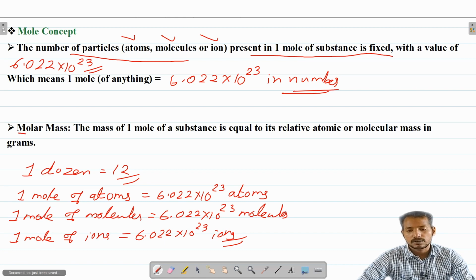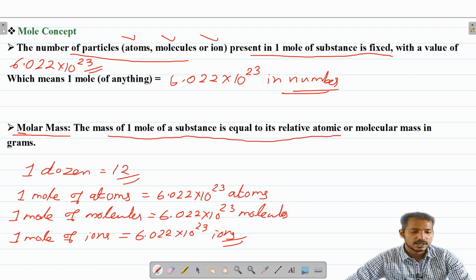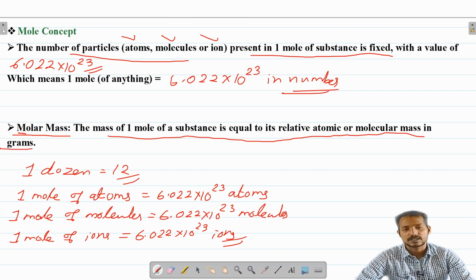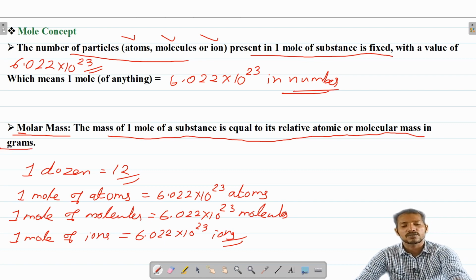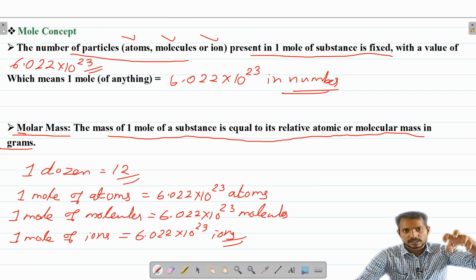The molar mass is the mass of 1 mole of a substance, and it is very easy to find the molar mass of a molecule or atoms. The mass of 1 mole of a substance is equal to its relative atomic or molecular mass in grams. Very simple.